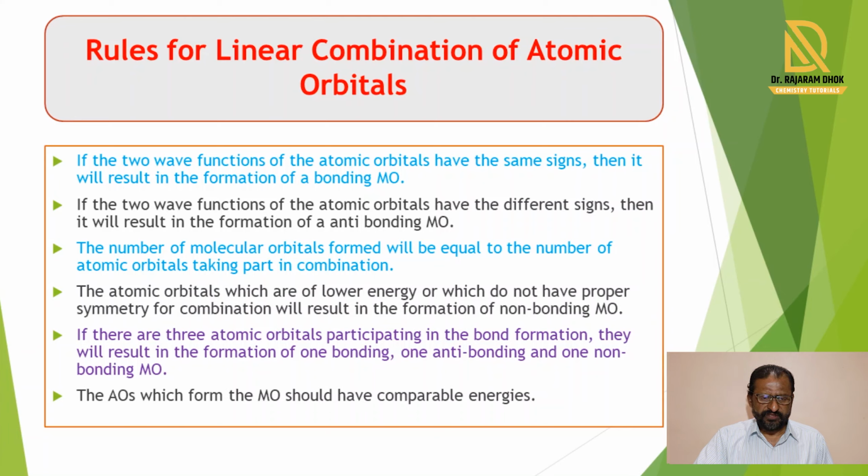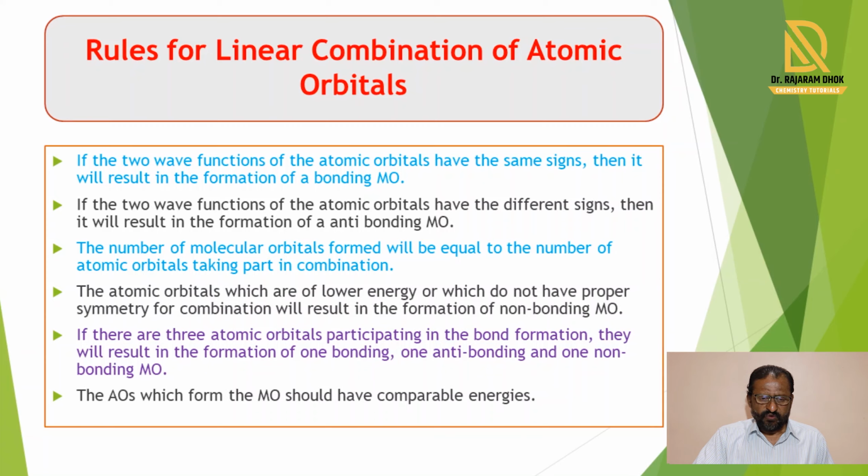The third rule is that the number of molecular orbitals formed is equal to the number of atomic orbitals taking part in the combination. We have discussed that when two atomic orbitals combine, two molecular orbitals are formed. When three atomic orbitals combine, three molecular orbitals are formed.